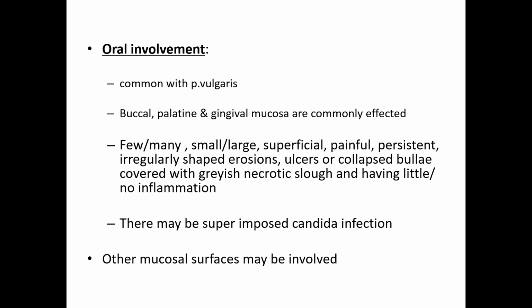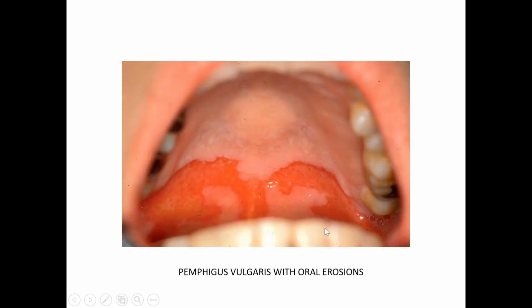They may sometimes be infected with candida, so you might need to take care of the candidal infection also. Other mucosae can be involved, like genital mucosa. So here is one picture, you can see the palatal mucosa is involved.